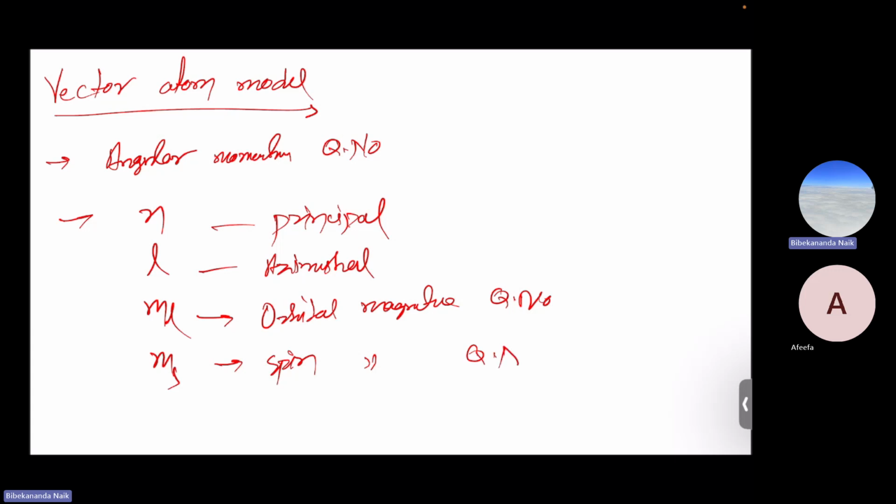then this is the spin magnetic quantum number. Also we discussed the concept of gyromagnetic ratio, which was mu l divided by l.